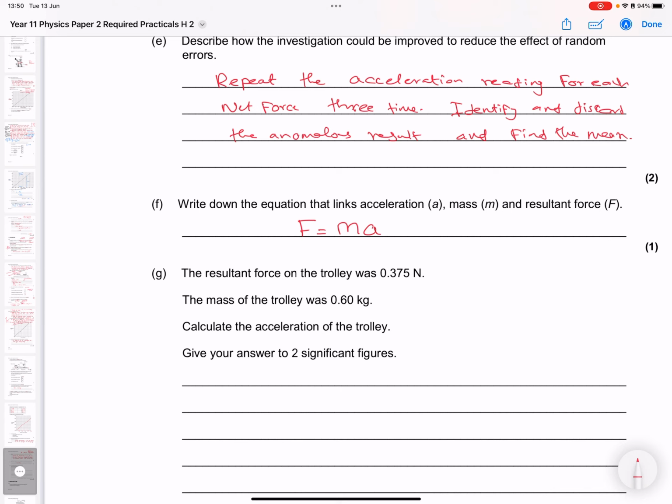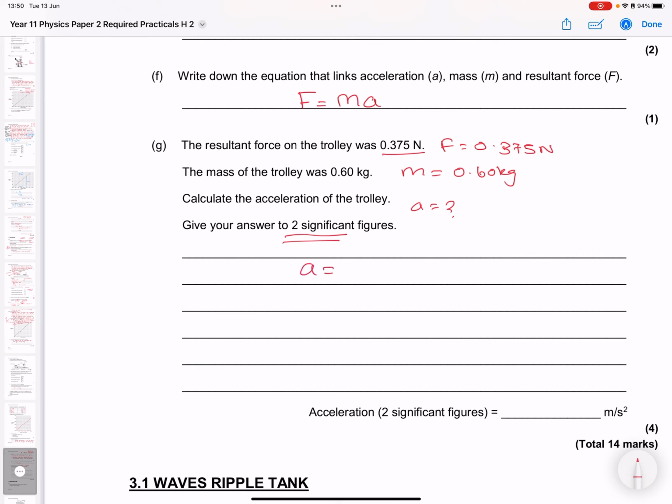The resultant force on a trolley, F, is equal to 0.375 newton. The mass is equal to 0.60 kilogram. You need to give your answer to 2 significant figures, and calculate the acceleration. So acceleration is equal to F divided by m.